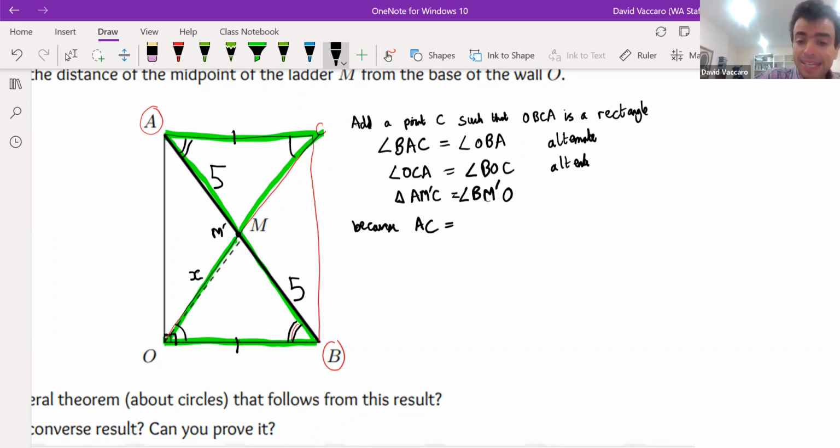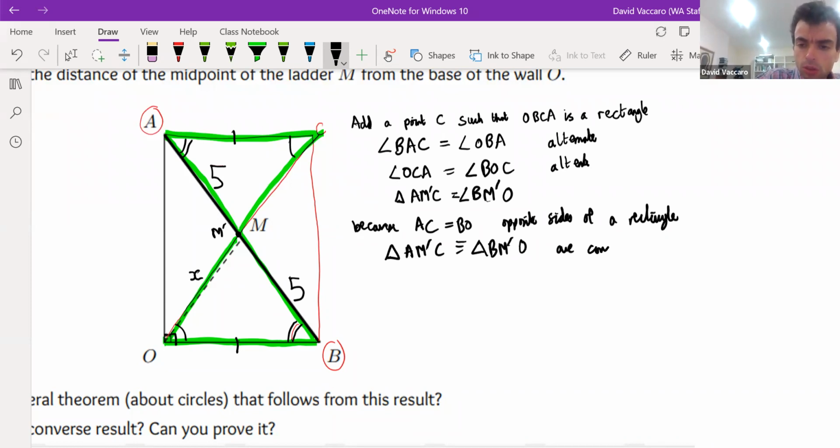But because AC is equal to BO, opposite sides of a rectangle, we have that, in fact, triangles AM-C and BM-O are congruent. So what does that mean?